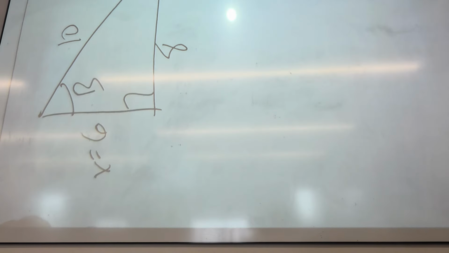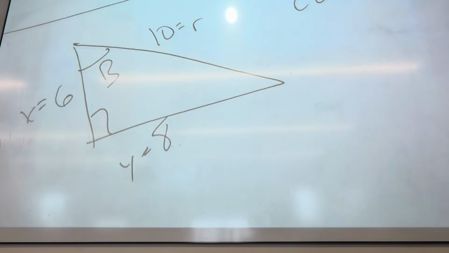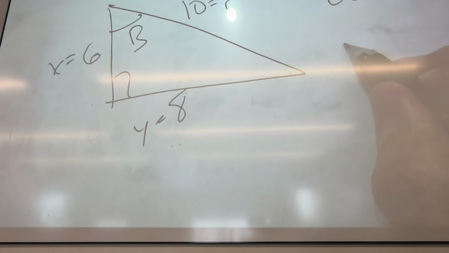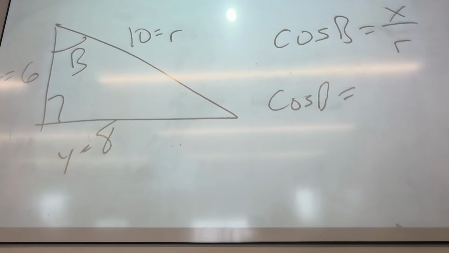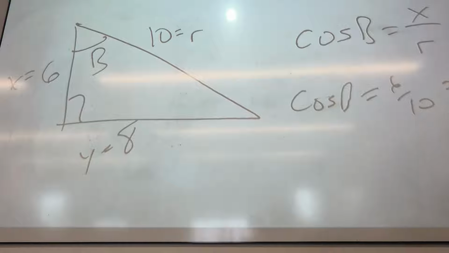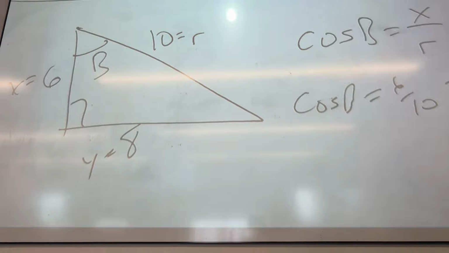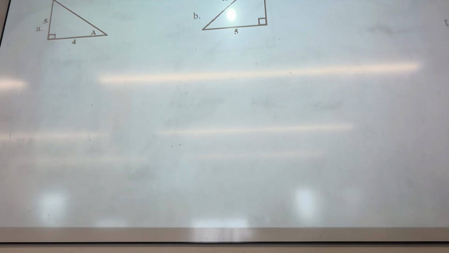And what's the Y side? 8. And of course that's the hypotenuse, we'll call it R. So then what would cosine B be? 6 over 10, which reduces to 3/5. Yay! You guys with me? So on the first problem, it's nice because I gave you the angle on the base. In the second problem, you just have to turn it first. All right, go for it.